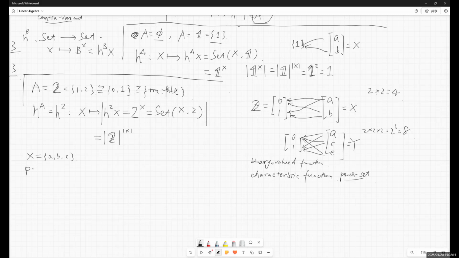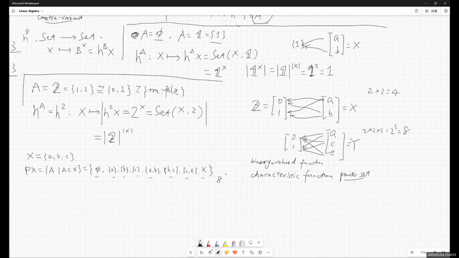The power set of X is the set of all the subsets of X. It can be enumerated as the empty set, 3 singletons, and {a, b}, {b, c}, {c, a}, and the whole set. 1, 2, 3, 4, 5, 6, 7, 8.